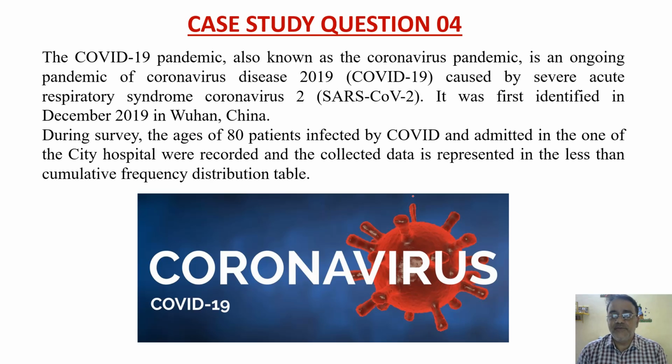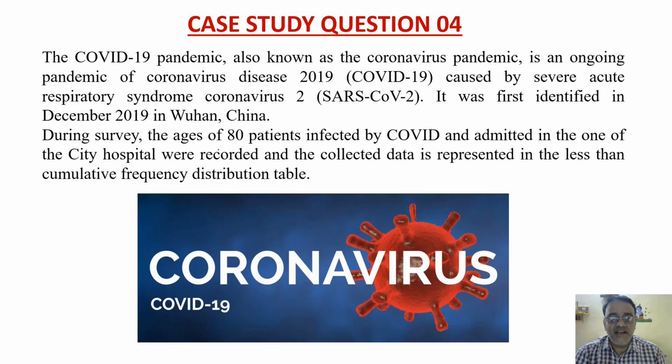Case study question number 4. The COVID-19 pandemic, also known as the coronavirus pandemic, is an ongoing pandemic of coronavirus disease 2019, COVID-19, caused by severe acute respiratory syndrome coronavirus 2, that is SARS-CoV-2. It was first identified in December 2019 in Wuhan, China.